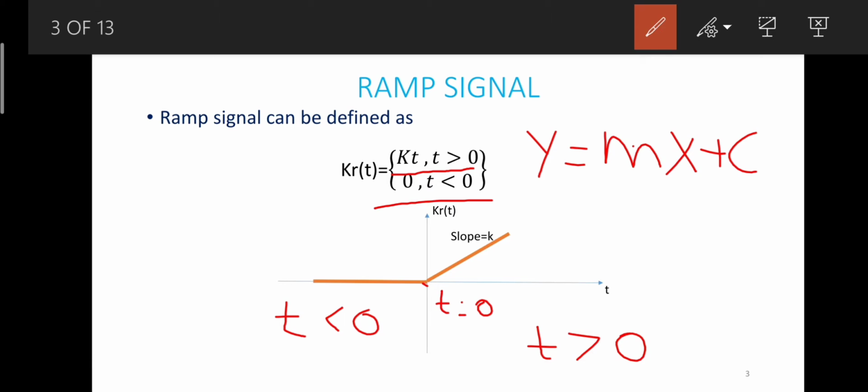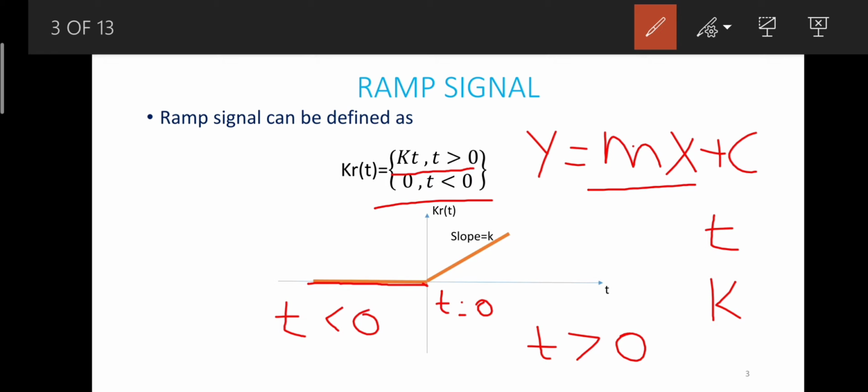So for negative time the value is 0 as shown in the figure, and for the positive time it follows the equation of a straight line, and the slope of the straight line is K. In the equation of a straight line, the coefficient of x determines the slope. So in this case the coefficient of t determines the slope, which is equal to K.